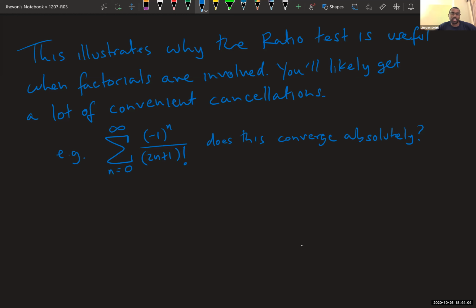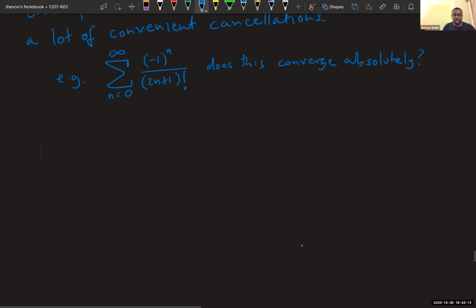Well, the fact that there's a factorial there and the test for divergence doesn't help should make you think of the ratio test next. So what we can do here is apply the ratio test.